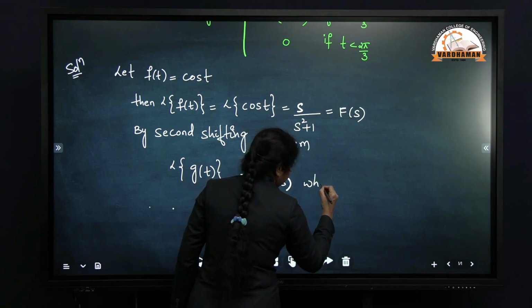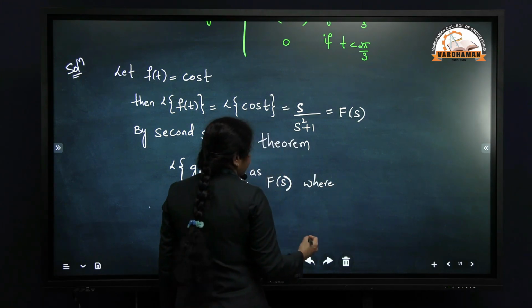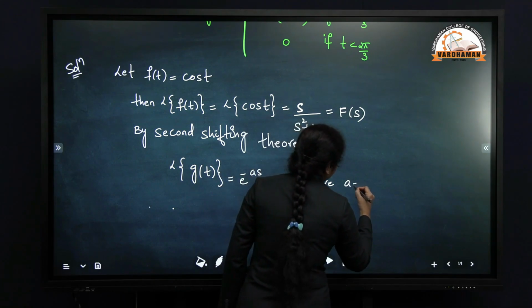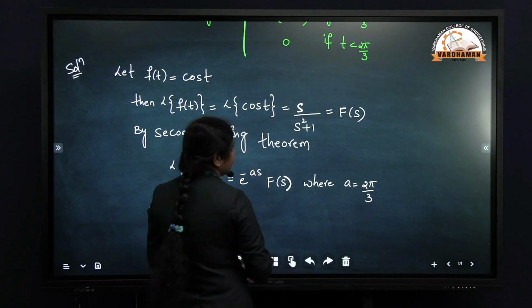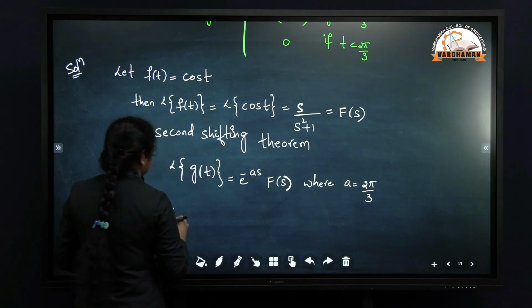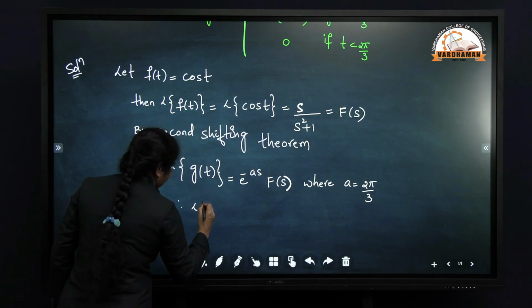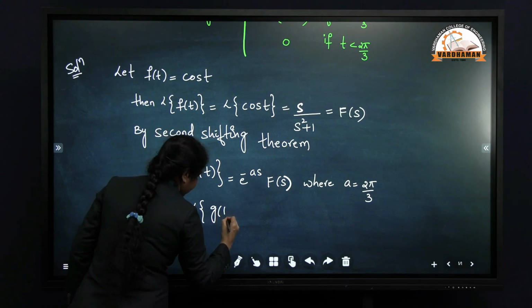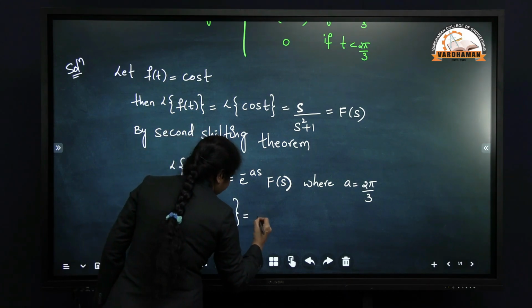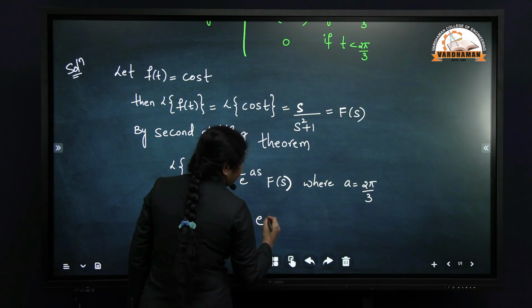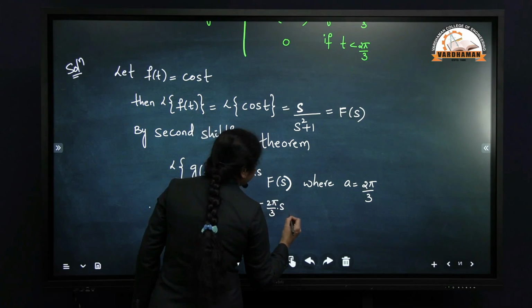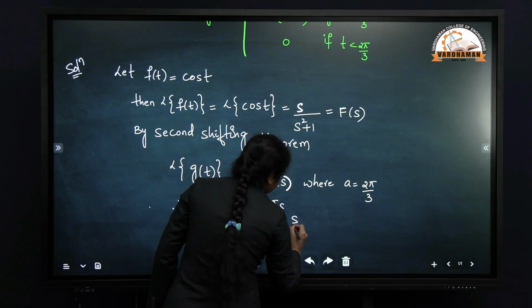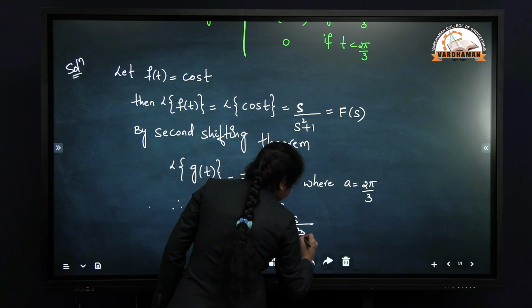Here in this question, a is equal to 2 pi by 3, and already we have found f of s here. Therefore L of g of t equal to e power minus 2 pi by 3 s into f of s is s by s square plus 1.